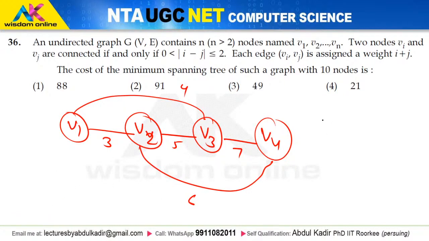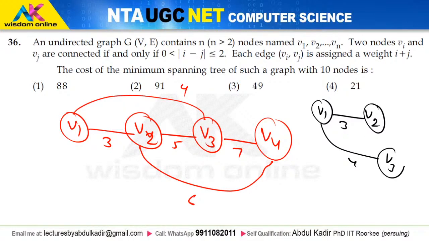Now how can you find the minimum spanning tree? You take v1 and connect v2. Once you have connected v2, you take edge 4 and connect v3. Then you take edge 6 and connect v4.